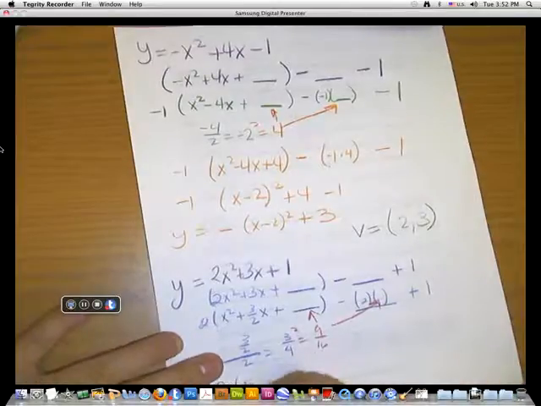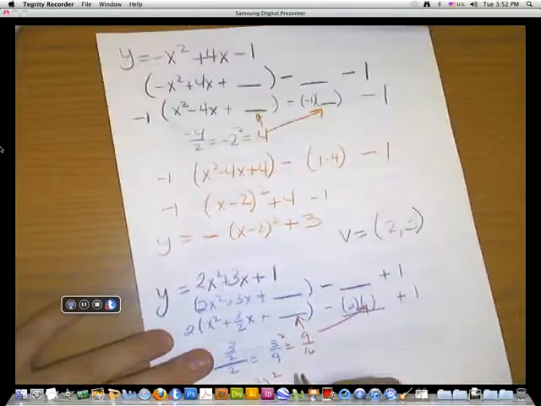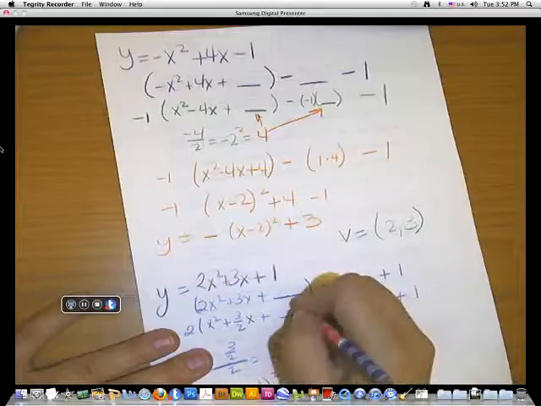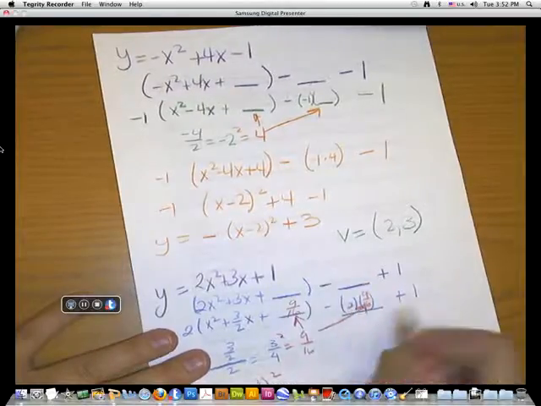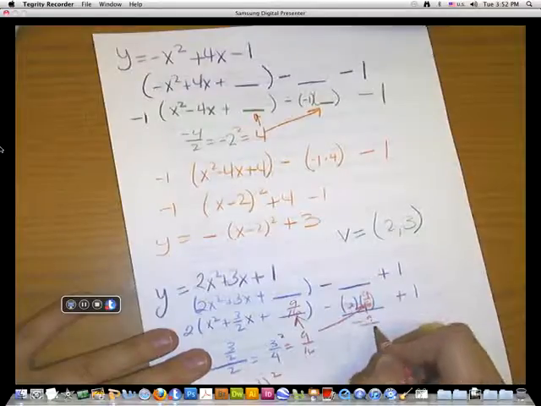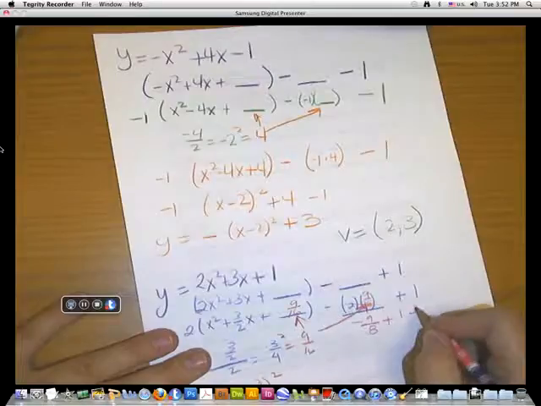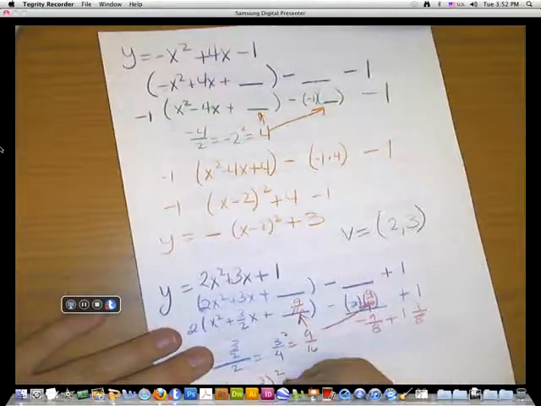So I get 2(x plus 3/4) squared. And then this 9/16 over here is actually negative 9/8 plus 1, which is 8/8, so minus 1/8.